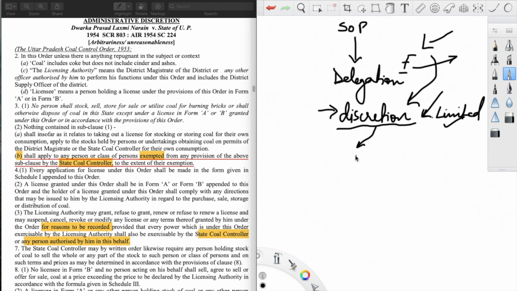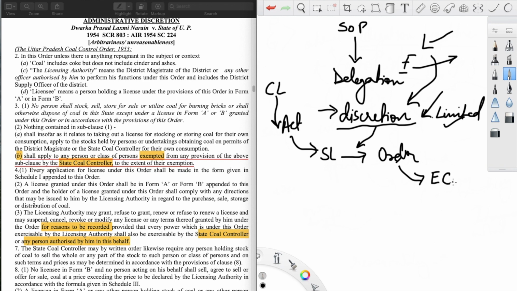But first, if I ask you, if the central legislature has given power under an act to the state legislature to pass orders for regulating something which is known as essential commodities.